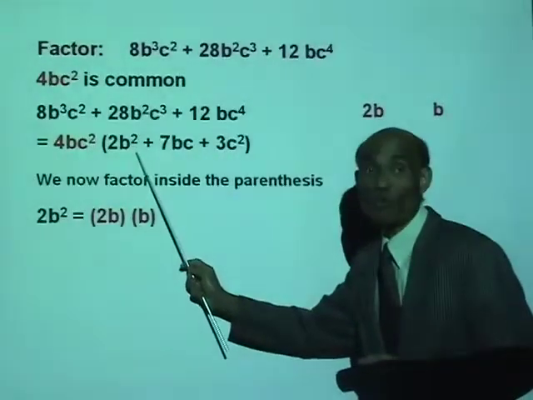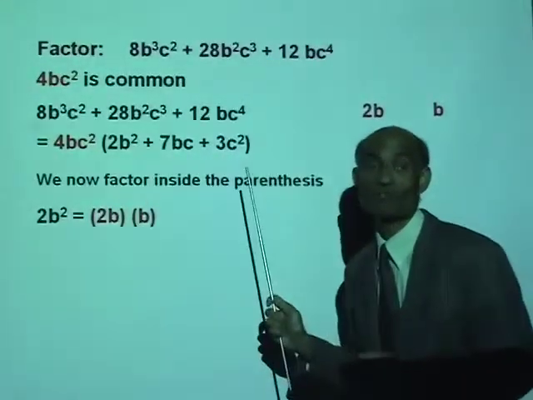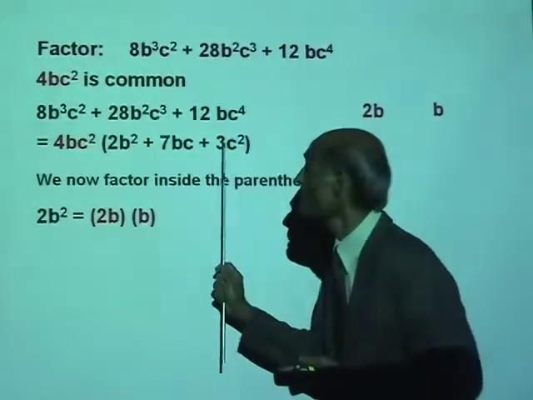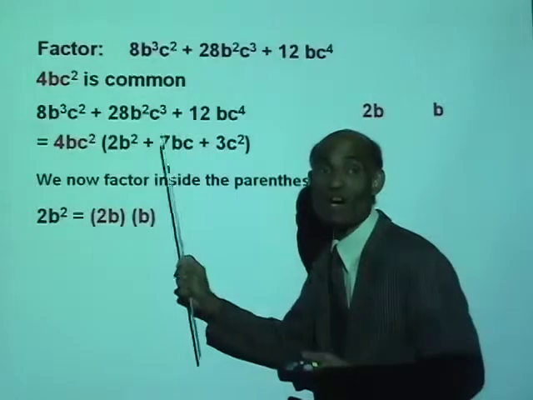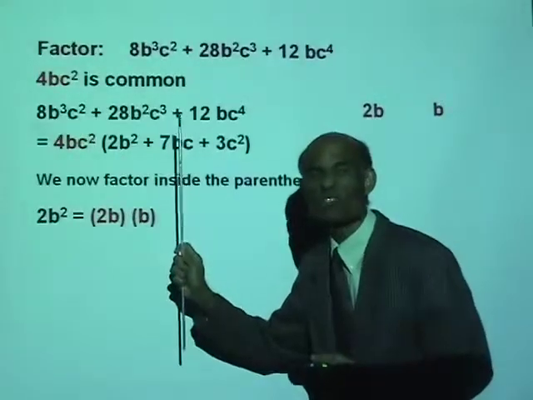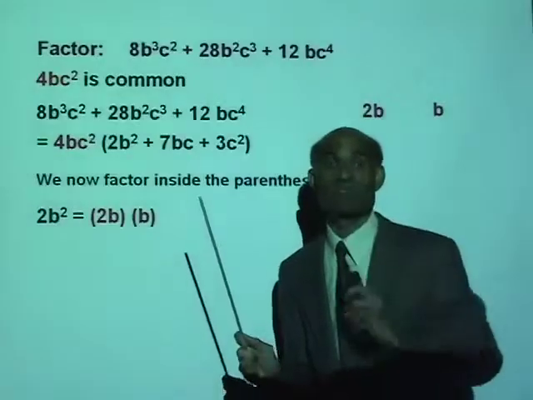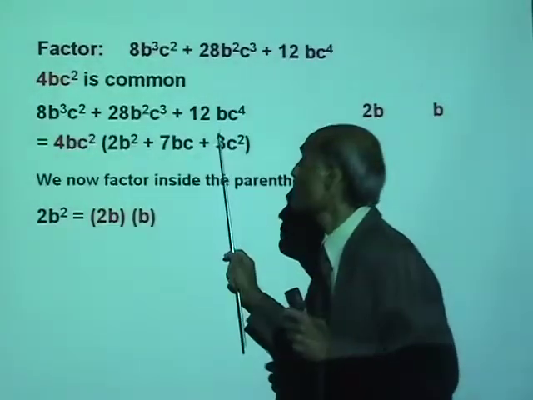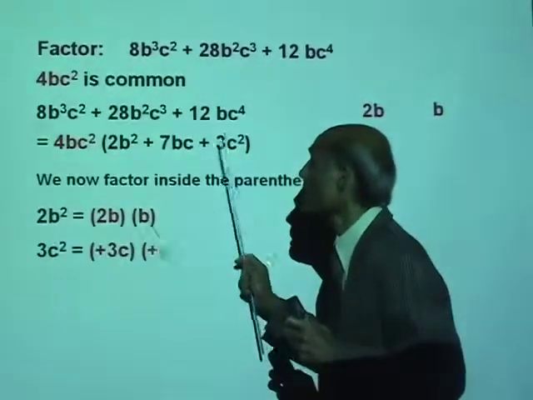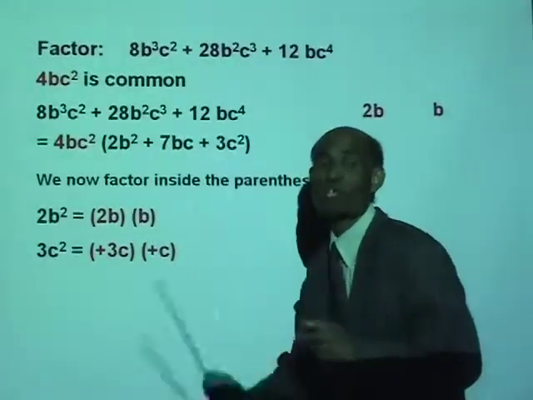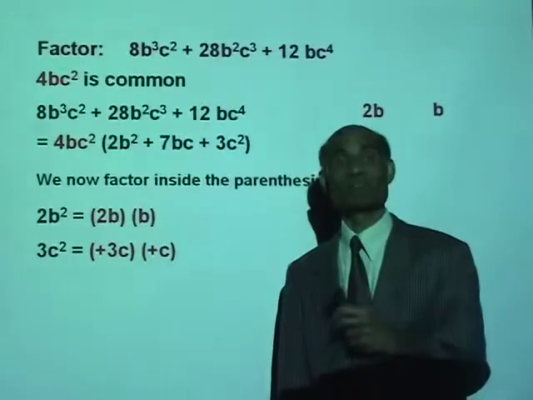Now, because all these terms are positive, look at the way I'm going to look at it. 3 times 2 is 6, and 6 added to 1 is 7. That means I'm going to factor 3c squared as positive 3c times positive c.